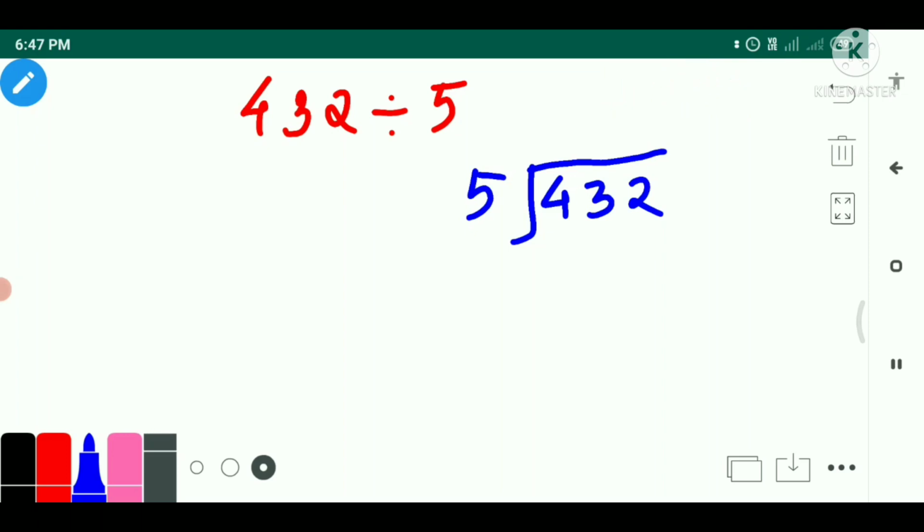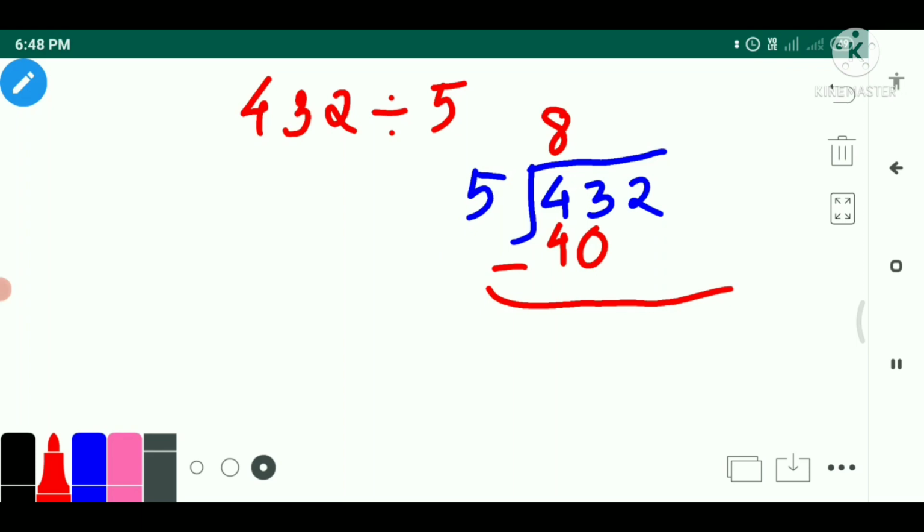So now in multiplication table of 5, 43 is there or not? If 43 is not there, then which number is there that is slightly smaller than 43? So we know that 5 8s are 40, 5 9s are 45, which is greater than 43. So we'll write 5 8s are 40.